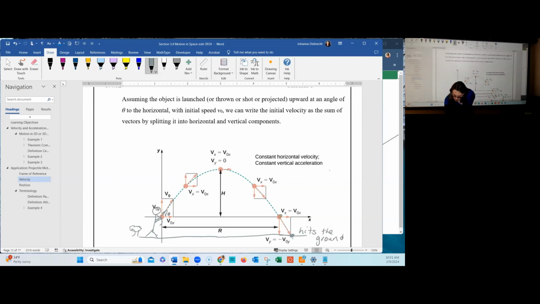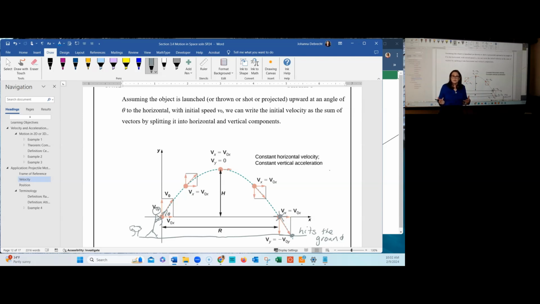But this point right here, which I put an asterisk, is when it reaches back to its initial position vertically. At that point, the velocity in the y direction has to be exactly opposite to what it was in the initial moment. So it has to be negative v naught y. It has to fall at the same rate at which it was fired from the bow.